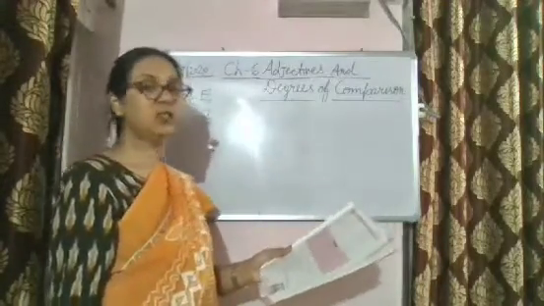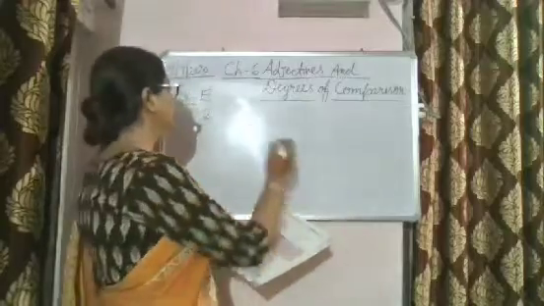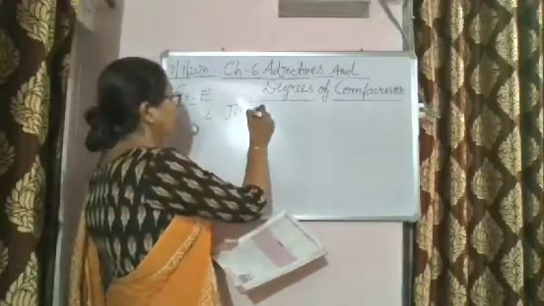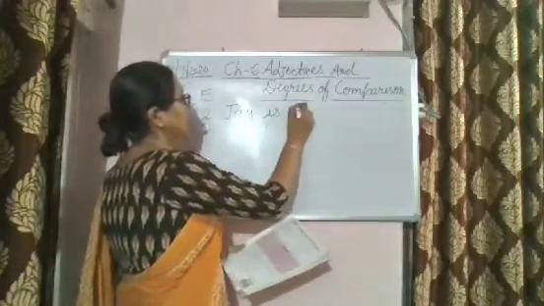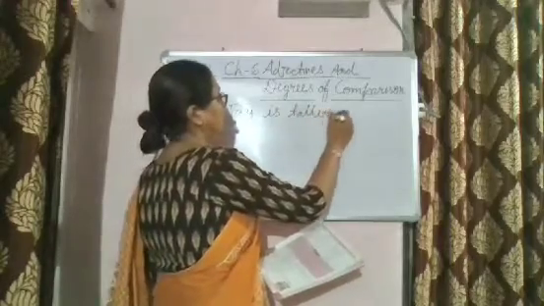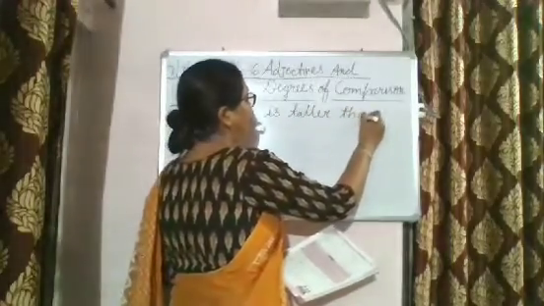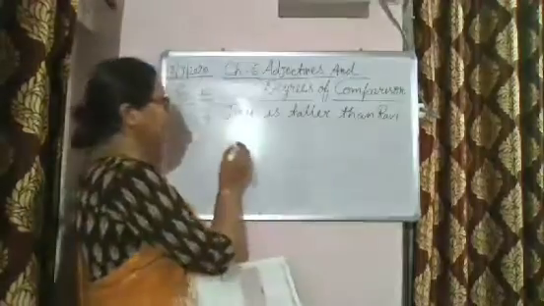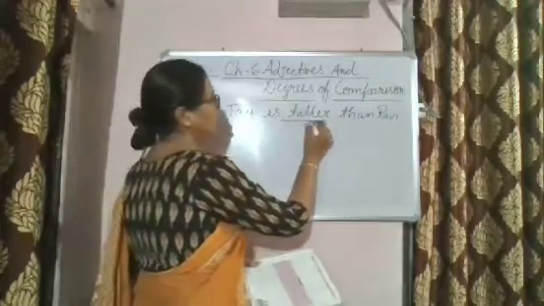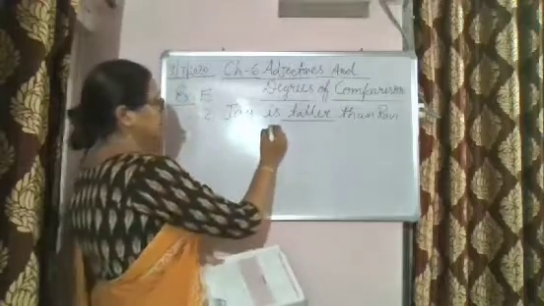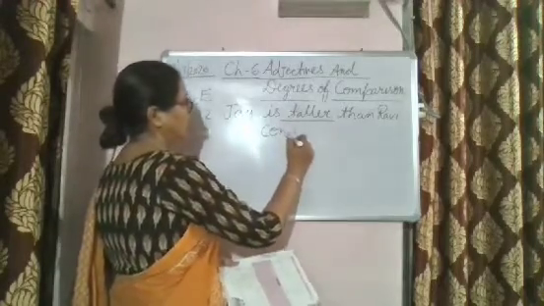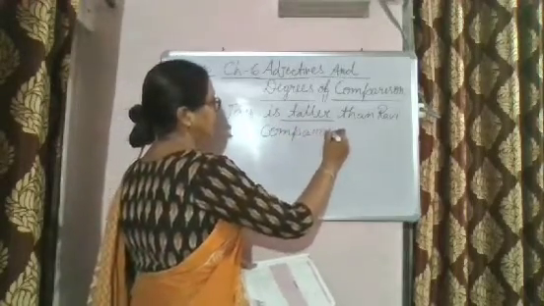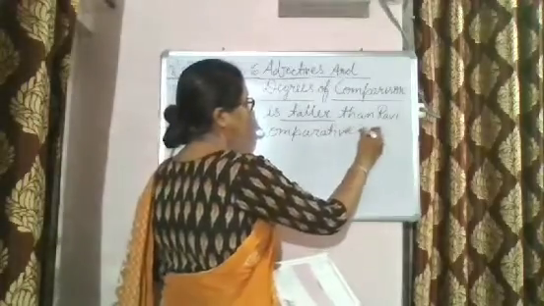Jay is taller than Ravi. Now here you can see taller. So this is comparative degree.